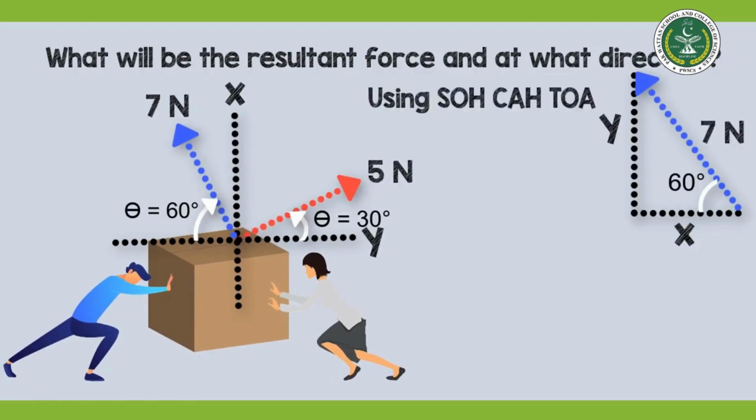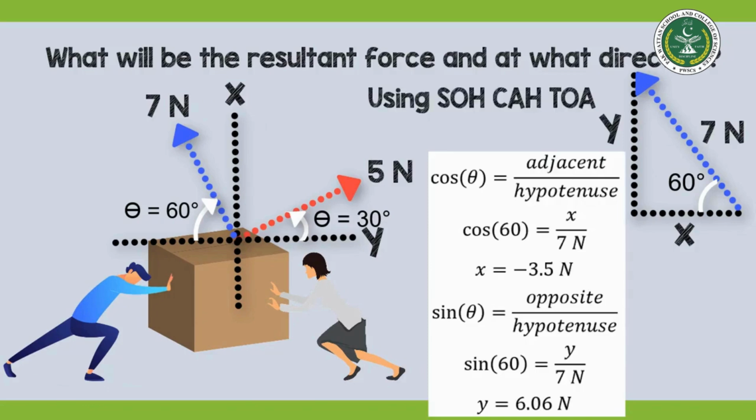We need to use again the SOHCAHTOA, and now we have the x component, which is equal to negative 3.5 Newton, and y component of 6.606 Newton of forces. Take note that it is negative on the x component because it lies on the negative x-axis, while positive on the y component because it lies on the positive y-axis.